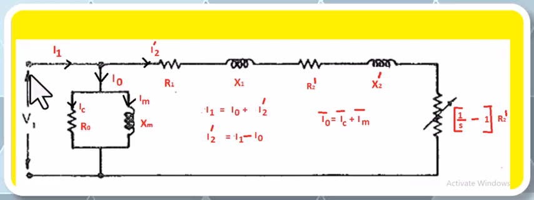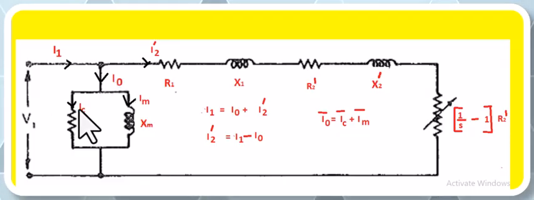This is the applied voltage to the stator winding represented by V1, and the input current to the stator per phase is called I1, and this is the no load current represented by I0.